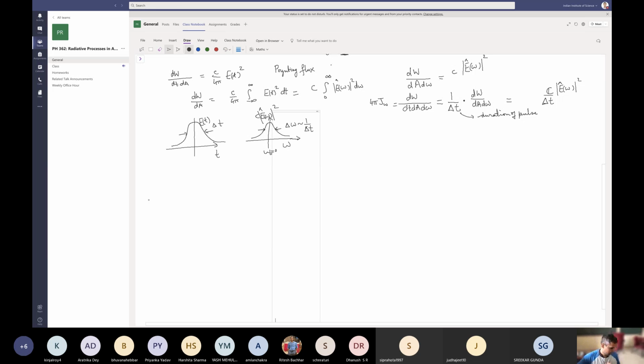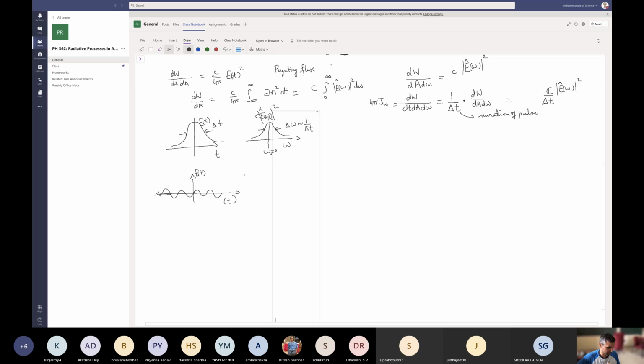Similarly, these are just examples, which are actually given in the book. If you have a finite pulse like this, that's 0 before this, so this is your E(t) versus t.